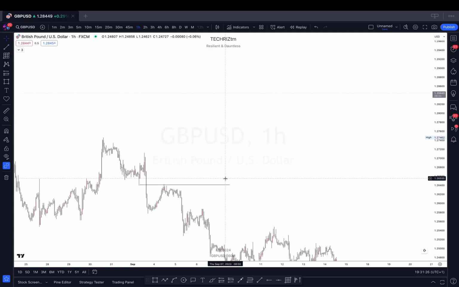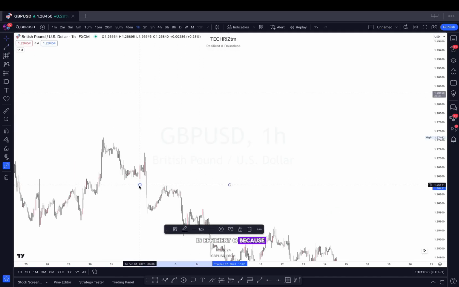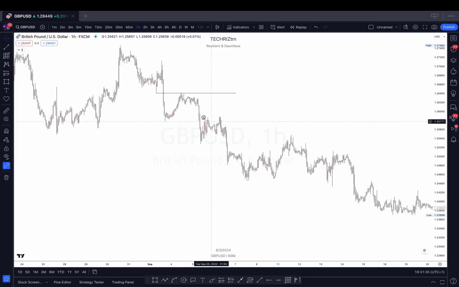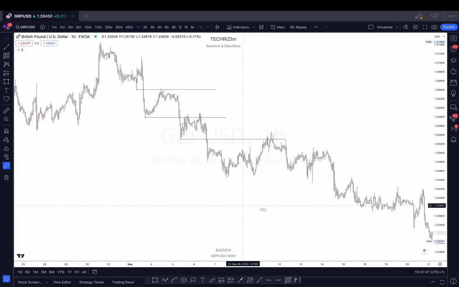Inefficient. Okay, I think this one is efficient too, but that's a week anyways. It was still efficient here, sure, but price was acting up. This particular one was efficient.